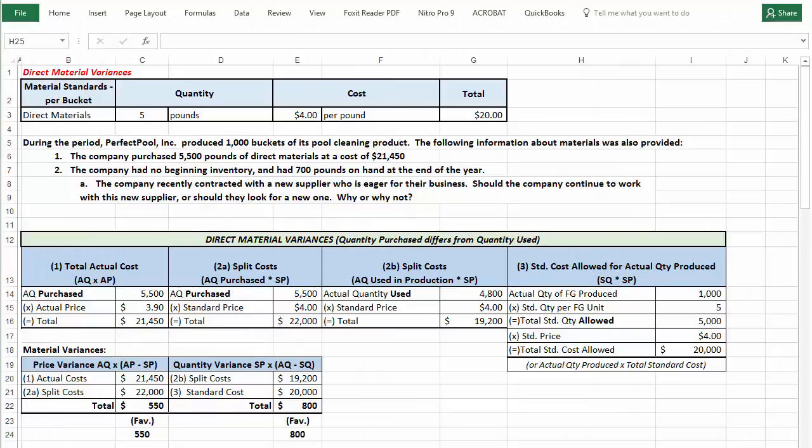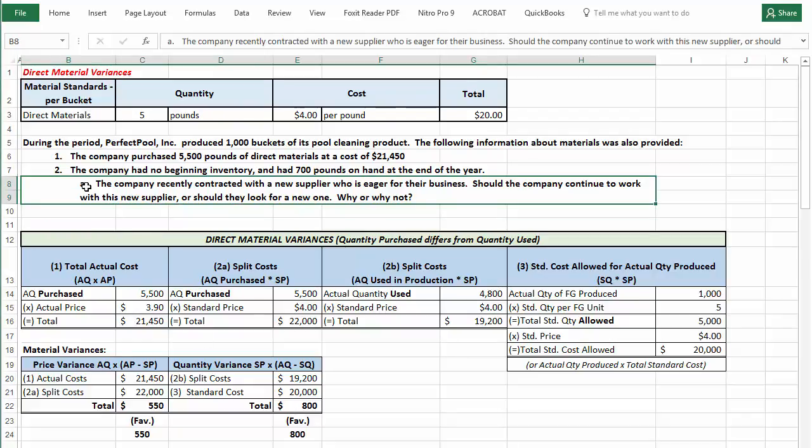Okay, so we have both a favorable price and a favorable quantity variance, and that should help us address the question I asked at the beginning of this video, which was whether the company should continue to work with this new supplier they recently contracted with. Gosh, they should be happy. The material appears to be good quality.